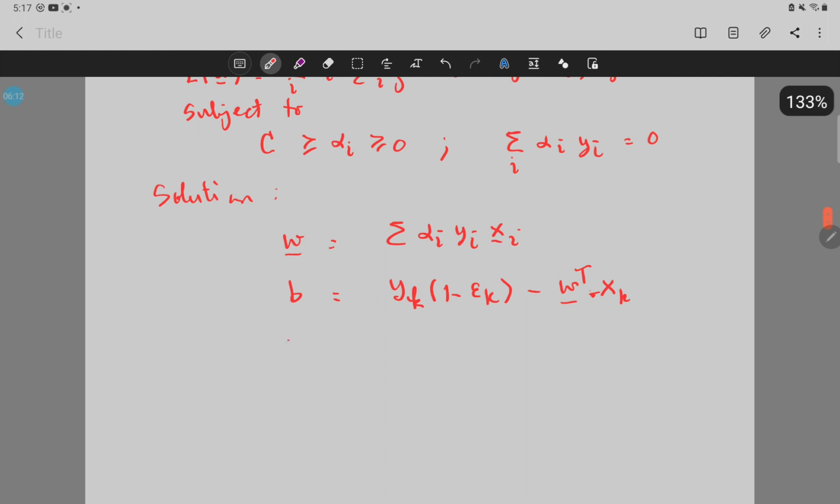Here this k, let's capitalize it, is the index of the largest alpha k that we can compute.